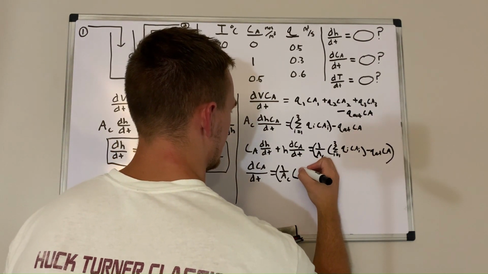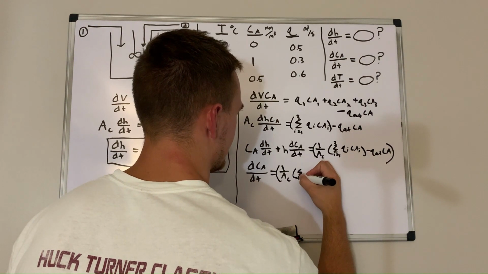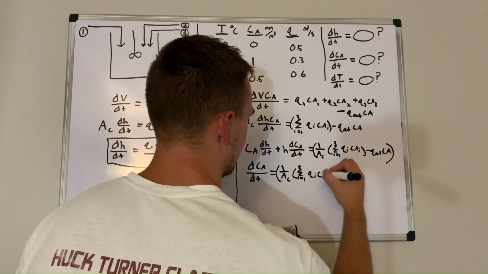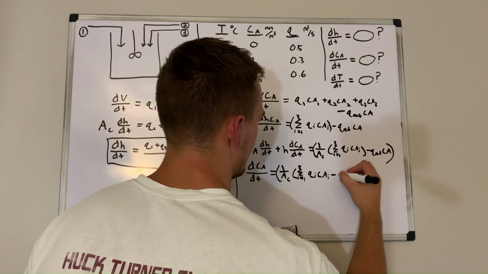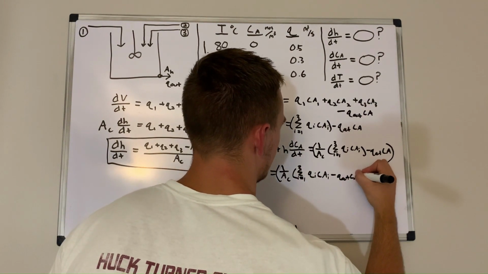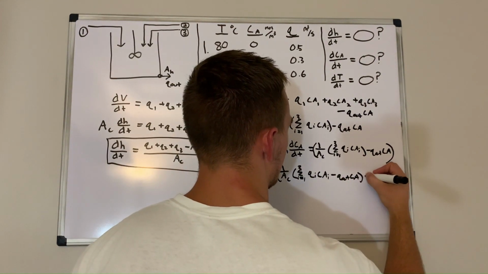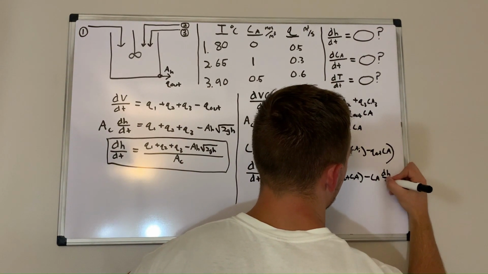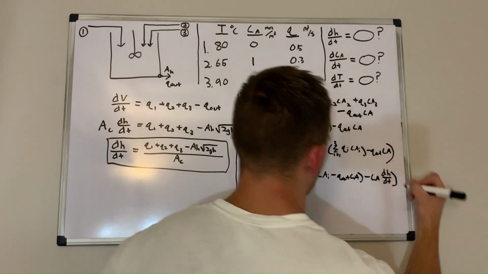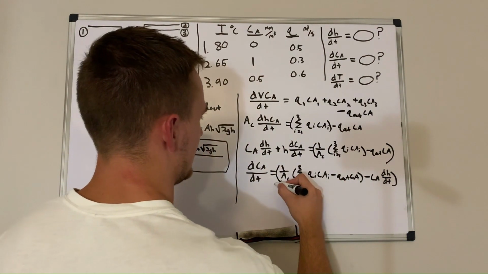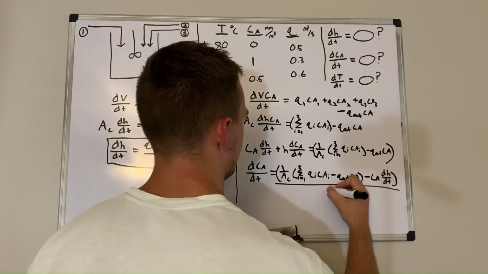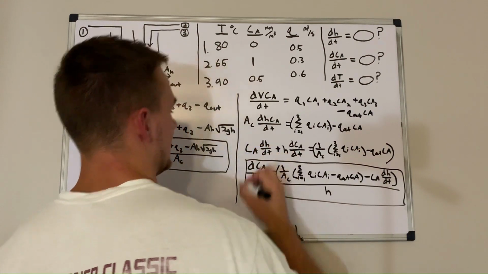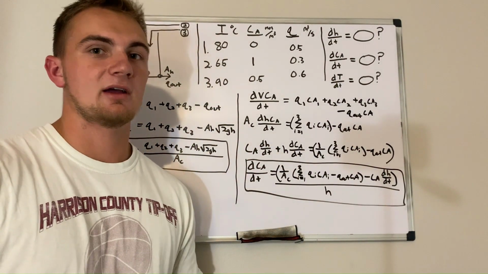So we'll have the summation of i equals 1 to 3 Qi Cai minus Q out Ca, right? And then we will subtract Ca dH dt and then divide everything. I think my parentheses match up here. Divide everything right by H. And this is our expression for the change of concentration of A with respect to time.